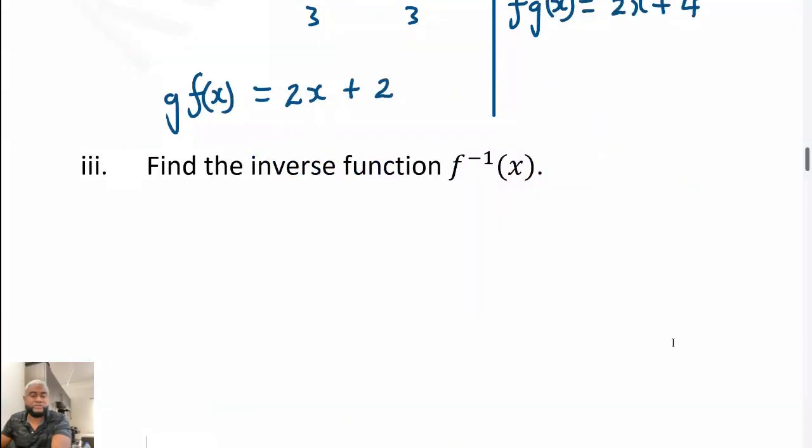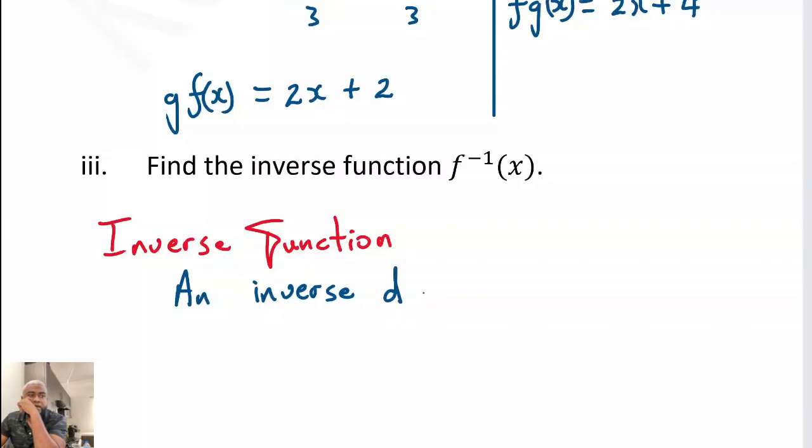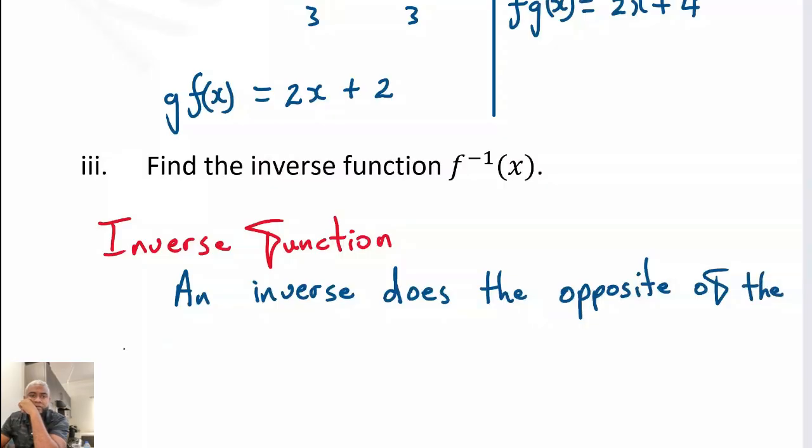F negative 1. So let's write the note, please. All right, so inverse function does the opposite of the original function.